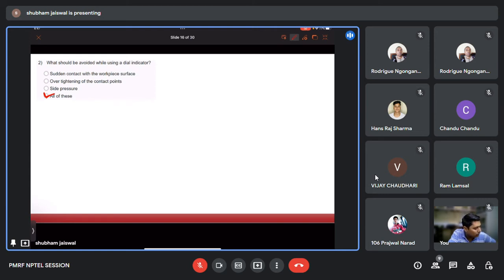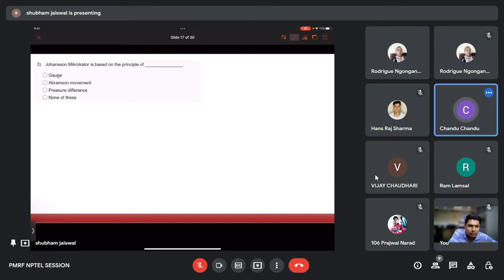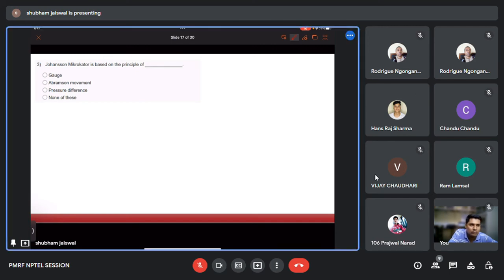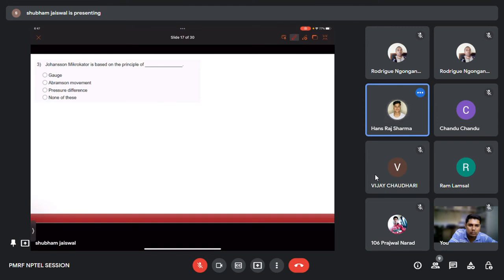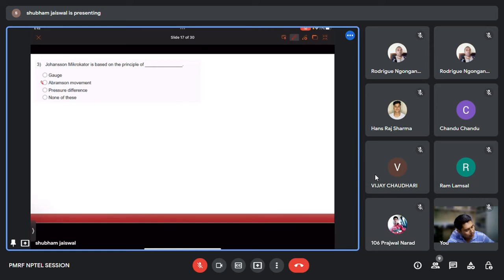Okay. So moving to our next question. The Johansson micrometer is based on the principle of: gauge, Abramson movement, pressure difference, none of these. Abramson movement, sir. Any other option? Abramson movement. Yes, it's the correct one. The Johansson micrometer was invented by the scientist named H. Abramson.